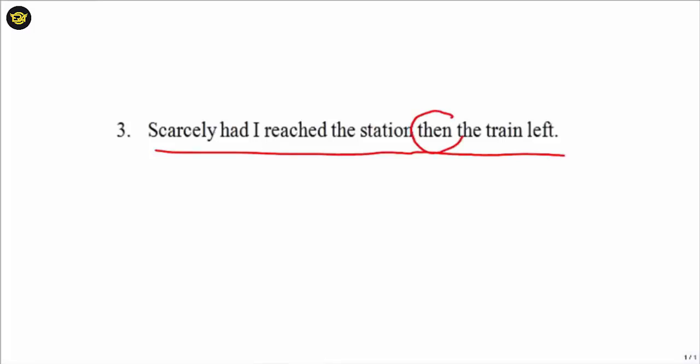So the error is for the choice of the word used, which is then over here. So scarcely had I reached the station when the train left, right? You want to signify the time, adverb of time, right? Which in this case is going to be when the train left, right?